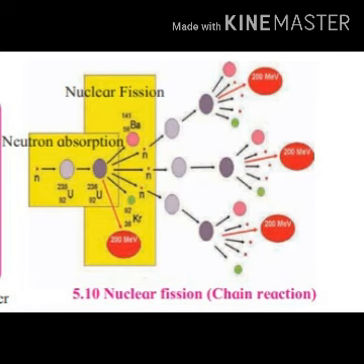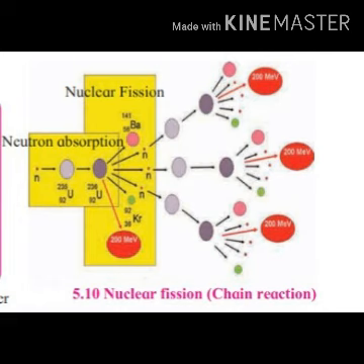The neutrons released in this reaction release more energy through fission of more uranium nuclei. This process of fission of uranium 235 atoms continues and is called the chain reaction.